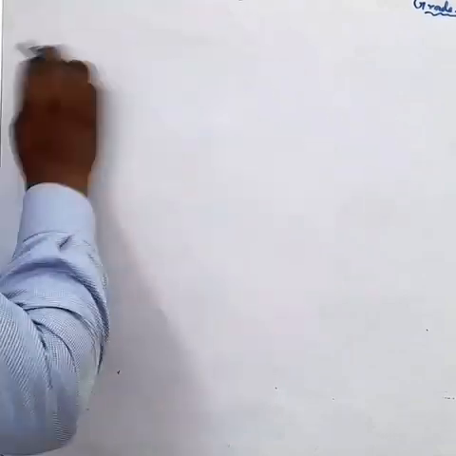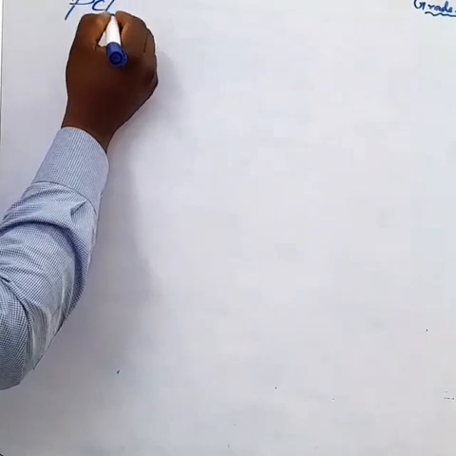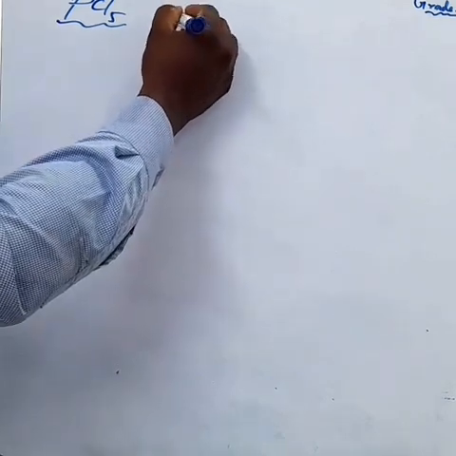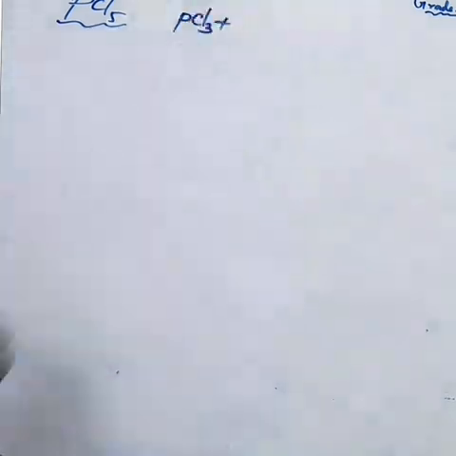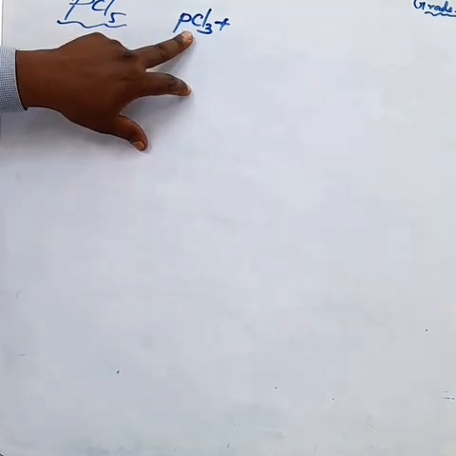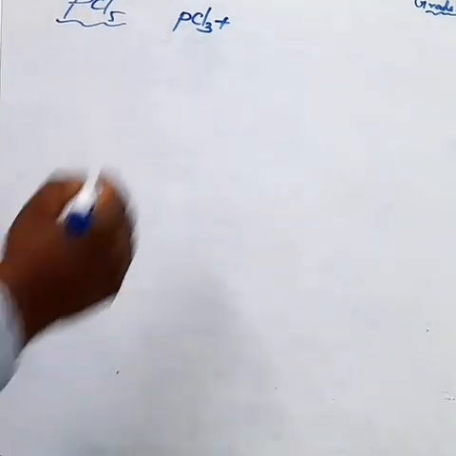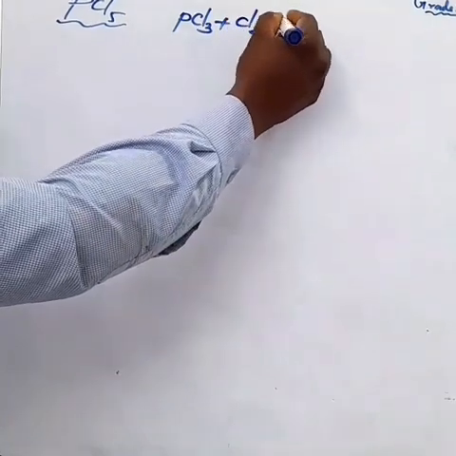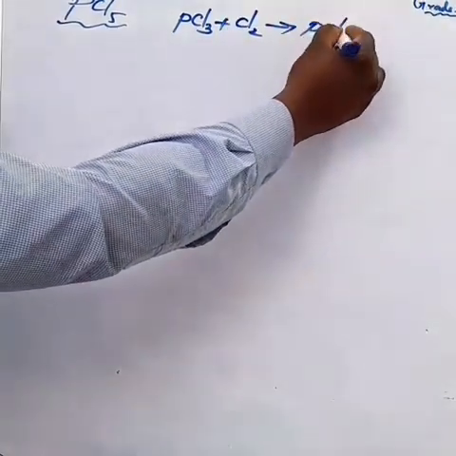Next, phosphorus pentachloride. Penta means 5, and tri means 3. So how can you prepare phosphorus pentachloride? First we take phosphorus trichloride. This phosphorus trichloride reacts with Cl2, chlorine. That is, we add excess chlorine.